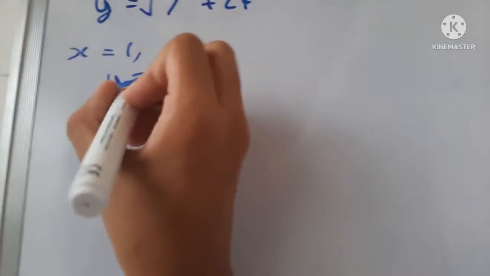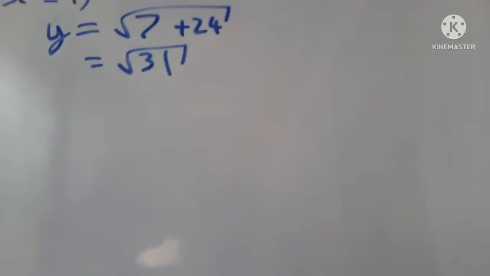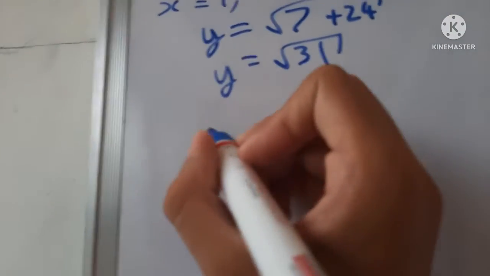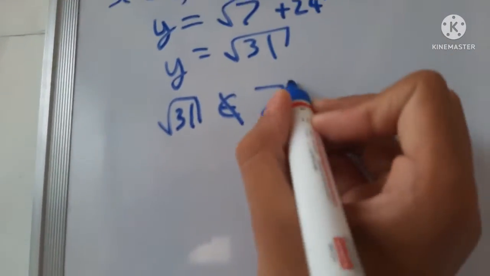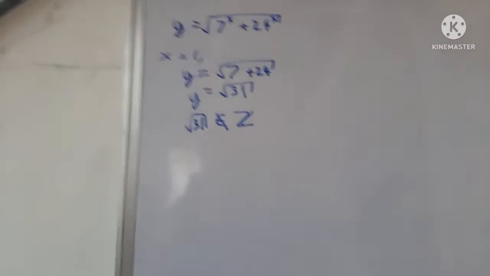So we get y is the square root of 7 plus 24, which is the square root of 31. So I'll mention here, the square root of 31 is not an element of the set of integers. Good enough.